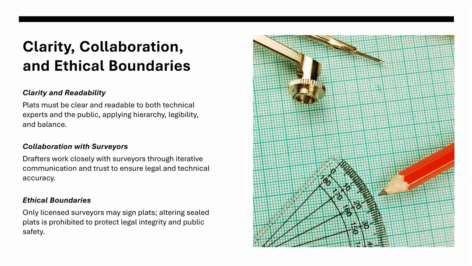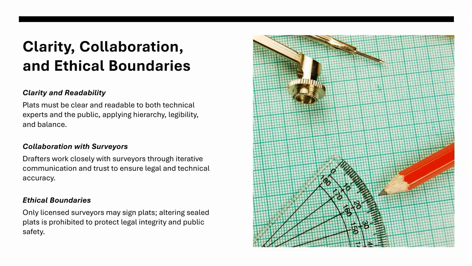A plat, again, is both a technical record and a public document. That means it must be clear and readable, not only to surveyors and engineers, but also to our non-technical public audiences. The drafter achieves this by carefully applying principles of graphic communication. Hierarchies of information: boundaries should be the boldest, most prominent lines, easily distinguishable from easements, topography, or other minor features.